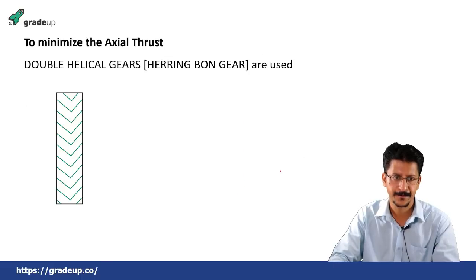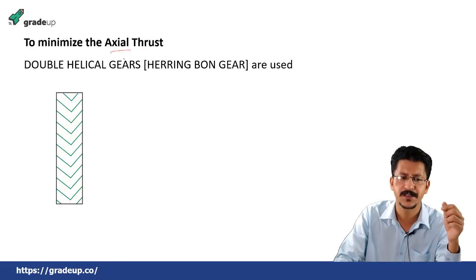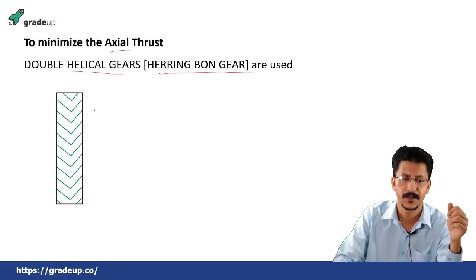How? To minimize the axial thrust, double helical gears are used. They are known as herringbone gears. This is a double helical gear. This was one part that we saw, but in this case there will be a force F like this, and a force like this.